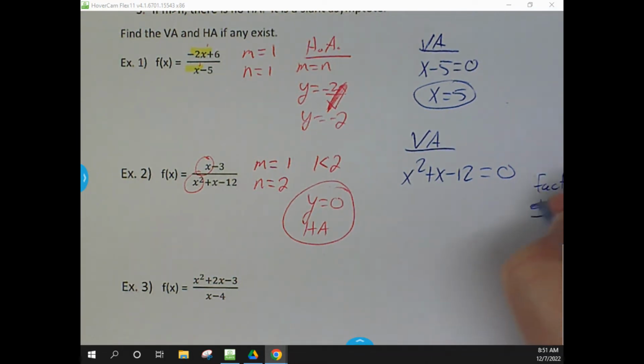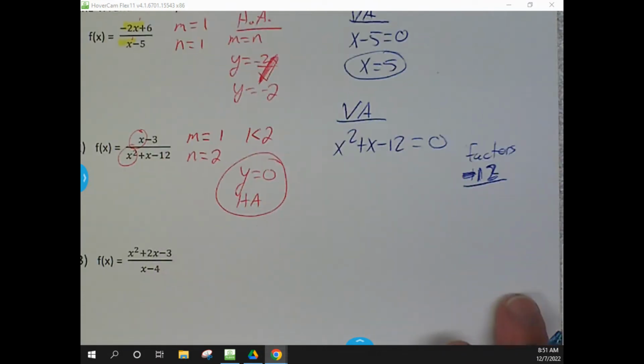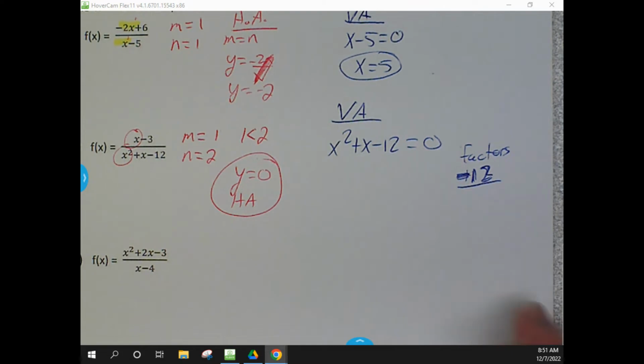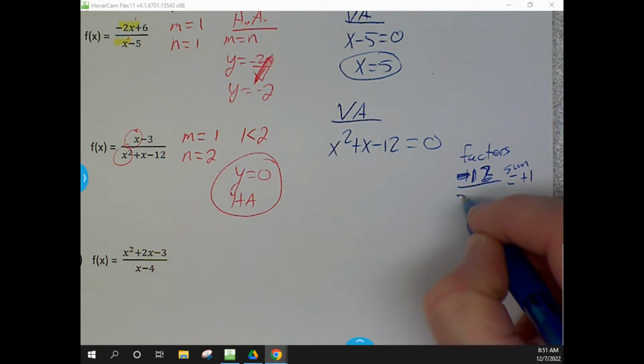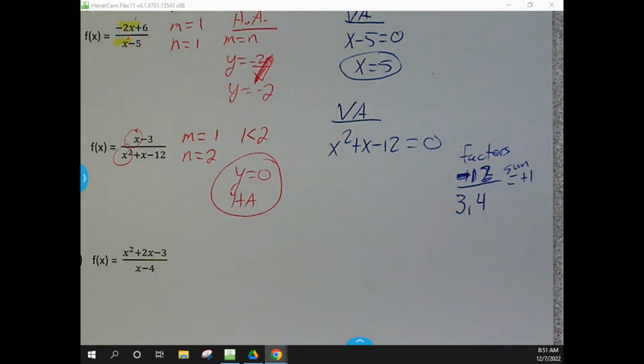It's not going to be 1 and 12. It's not going to be 2 and 6. It's going to be 3 and 4.